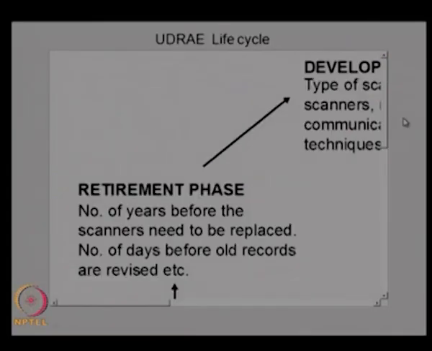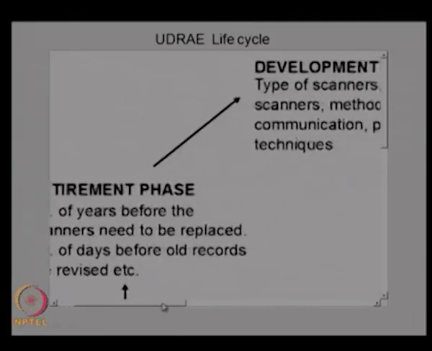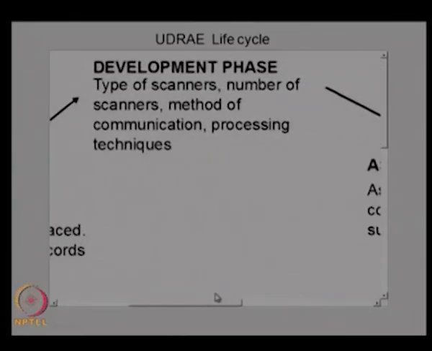Now we look at the UDARES life cycle. If you want to develop the system, what will be the life cycle of the system? In the development phase, that is the main phase we are looking at, we need to identify the type of devices. When I said scanners, basically the type of hardware devices needed for data entry as well as for storing, and the locations where we need to provide these scanners.